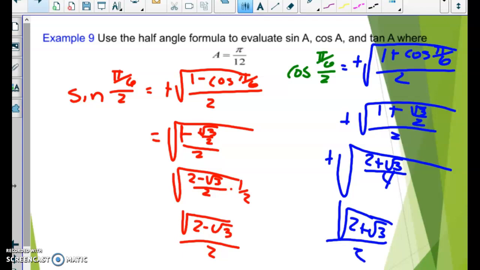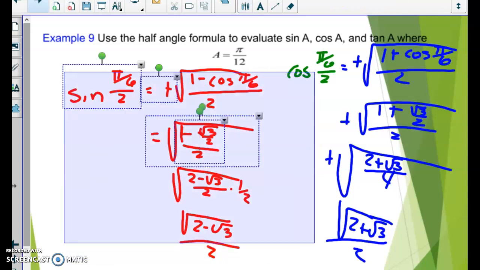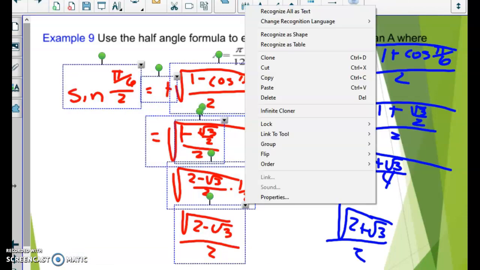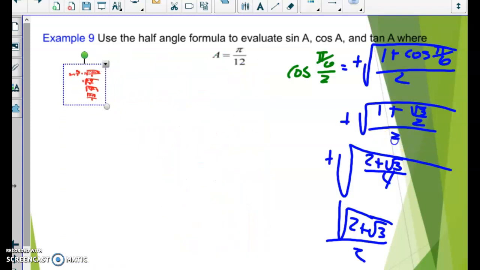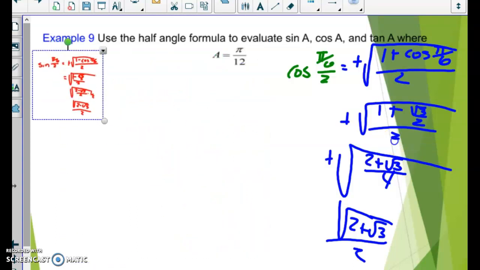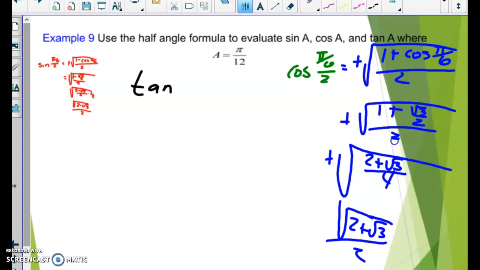And let's see if I can make some room for a tangent. So I'm going to do tangent at pi over 6 divided by 2, which is pi over 12. Plugging in, I'm going to say that's the sine at pi over 6, over 1 plus the cosine at pi over 6.